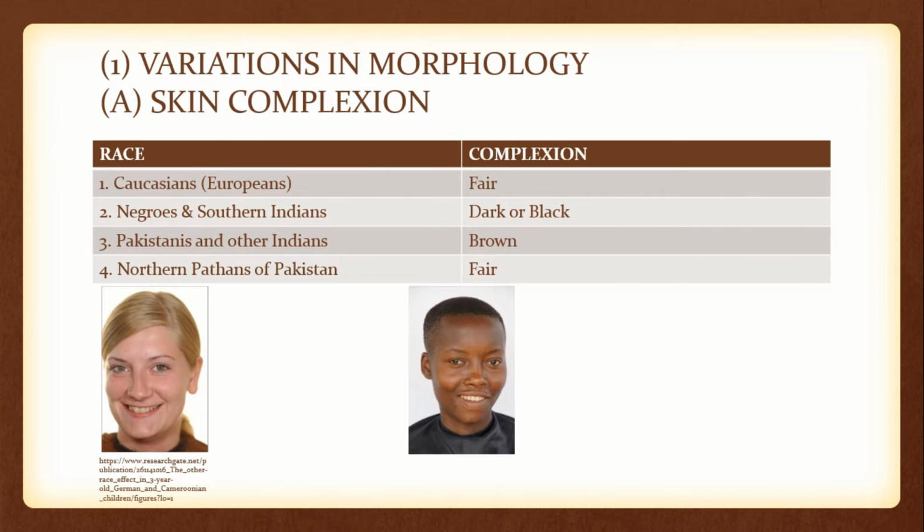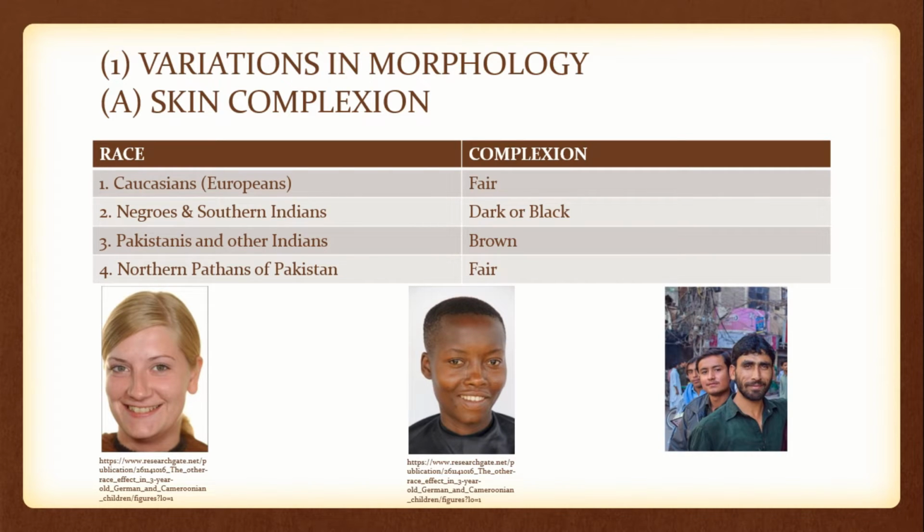Second one, if the complexion is dark or black, so that individual would most probably be a negroid, a negro, or he or she could be a southern Indian, as again you can see in the picture that this kid would most probably be a negroid or negro.